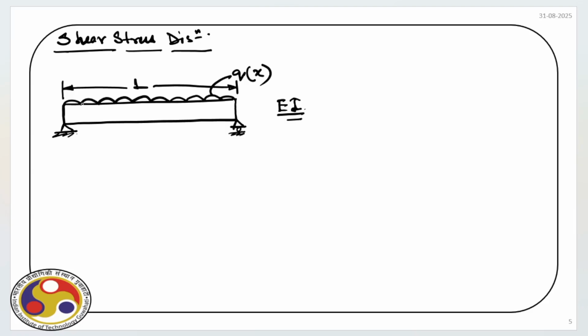Now, let us consider a cross section which can be rectangular, but let us consider a different cross section. So this is the cross section of the beam, and we have the neutral axis.